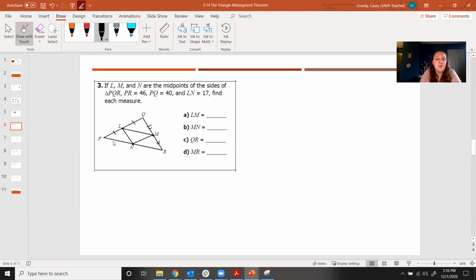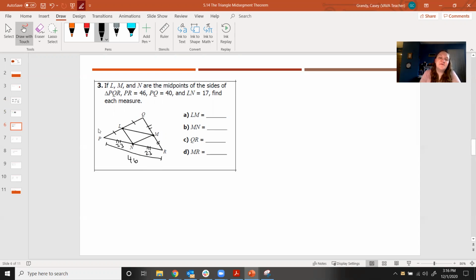And N is a midpoint of PR, so PN and RN are congruent. It says that PR equals 46. So from here to here is 46. Okay, well now I can figure out the length of PN and RN. They're the same. So if I take 46 divided by 2, PN will have to be 23 and NR will be 23.